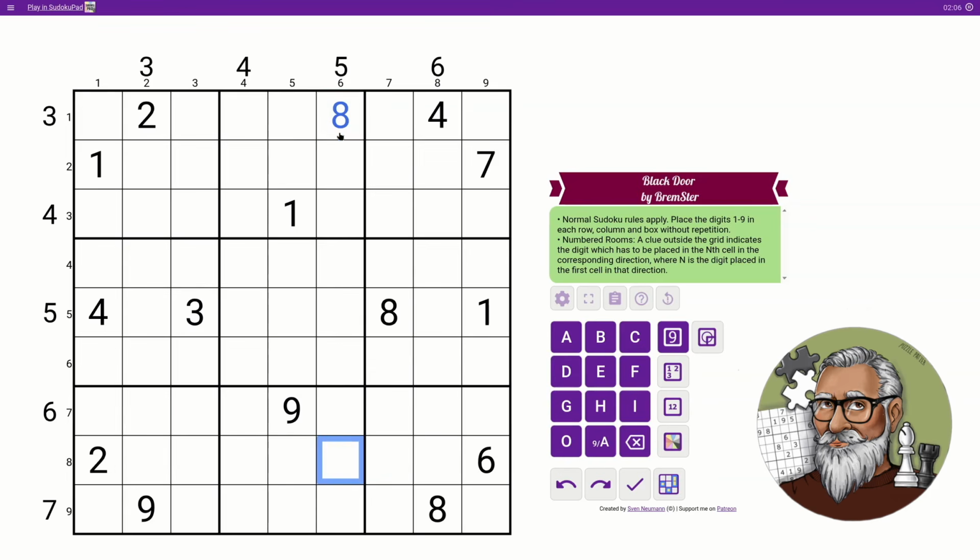But I'm just explaining what that means. We don't have any on the right side and bottom side of the grid, but that could happen. If that happens, then you just start counting from where the numbered room clue is. So if we had something here, then we would count from right to left.